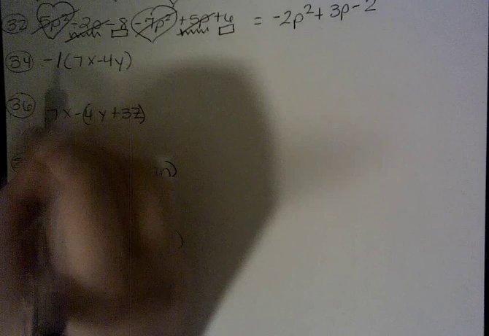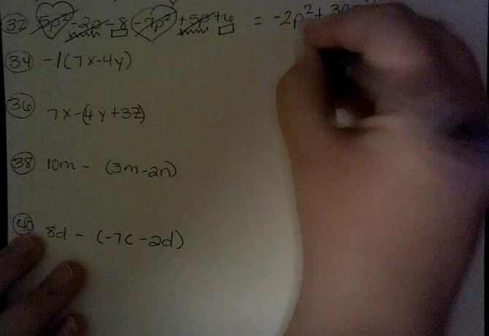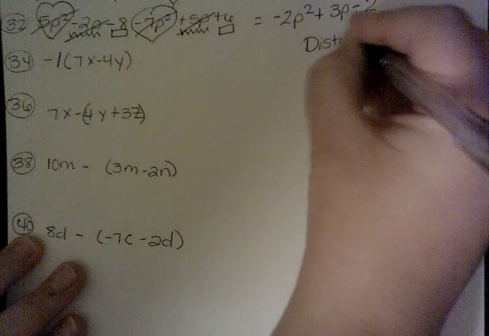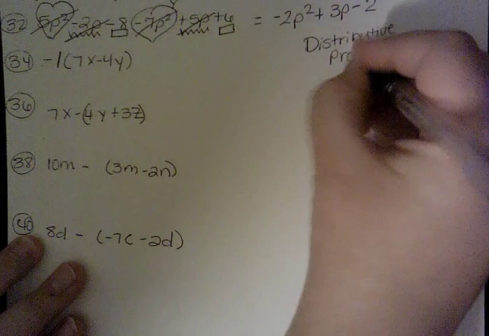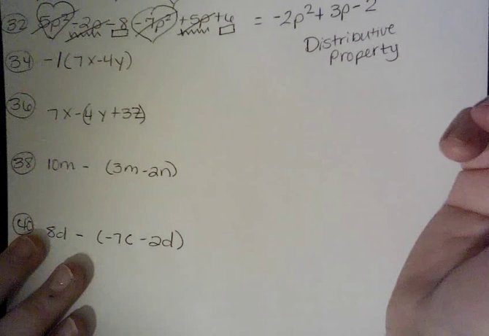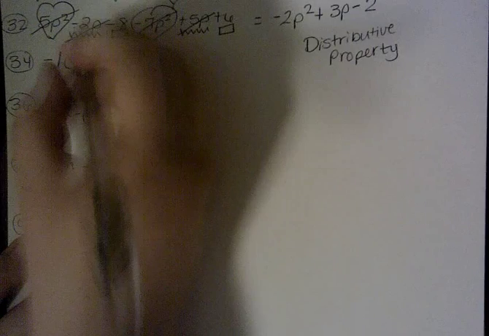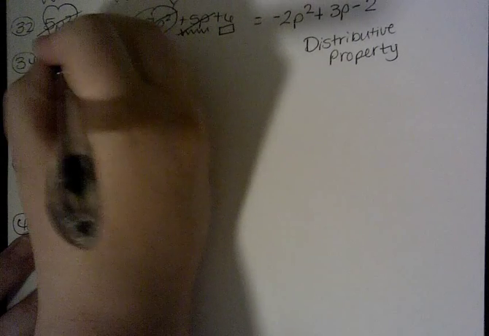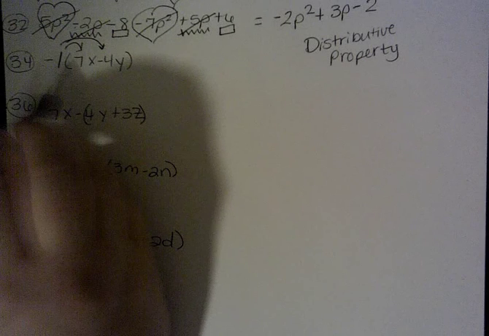And this means we are going to use what's called our distributive property. Your distributive property tells you that you are going to distribute or multiply the number on the outside of the parentheses with each term inside of that set of parentheses.